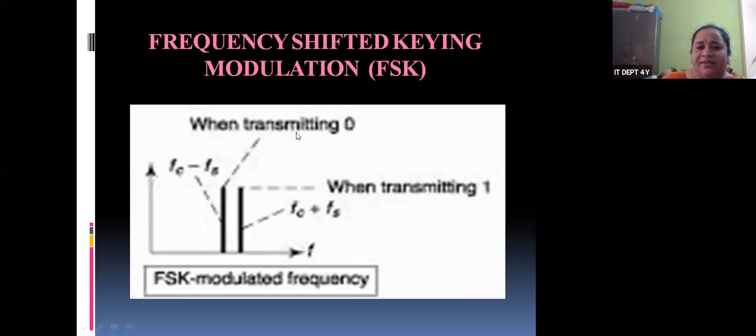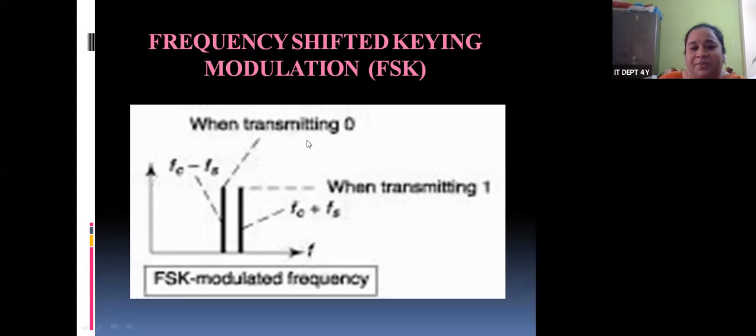And frequency. In a similar way, Fc minus Fs will be represented with 0 and Fc plus Fs with 1. We can change our convention: Fc minus Fs can also be represented with 1, and Fc plus Fs with 0. According to the number of frequency levels that we want to send, we can change the variations, whatever the number of bits we want to represent.